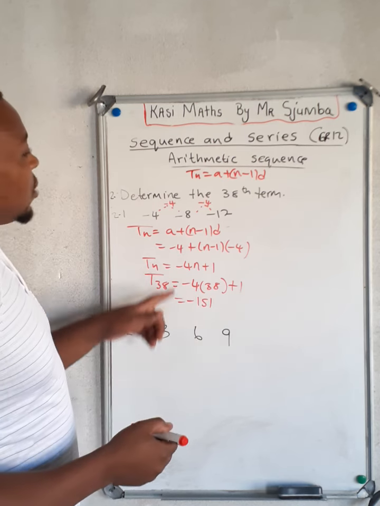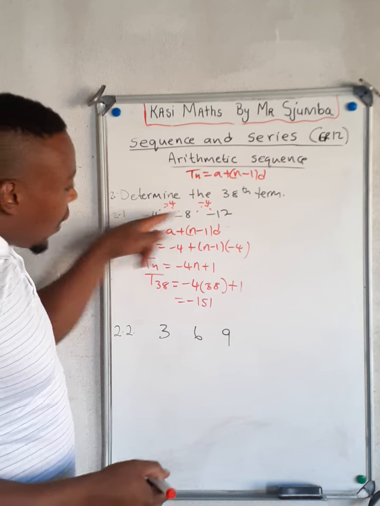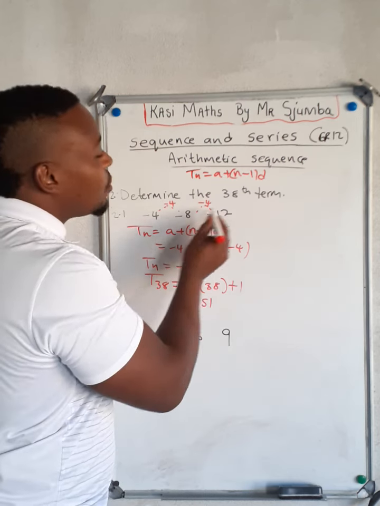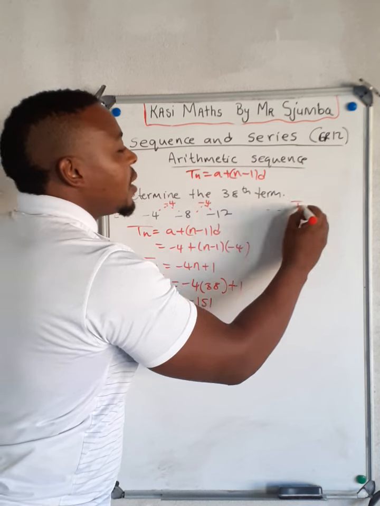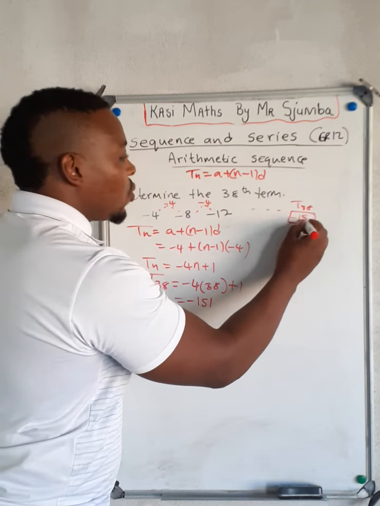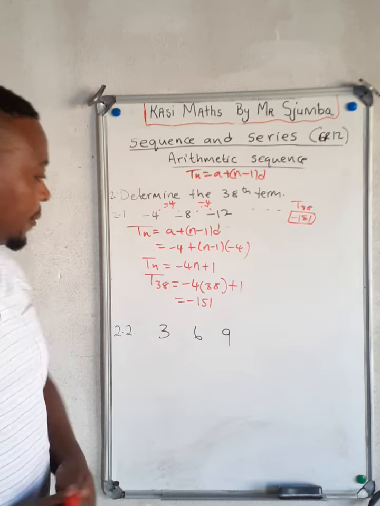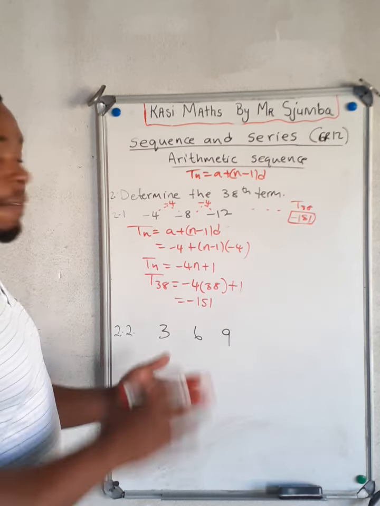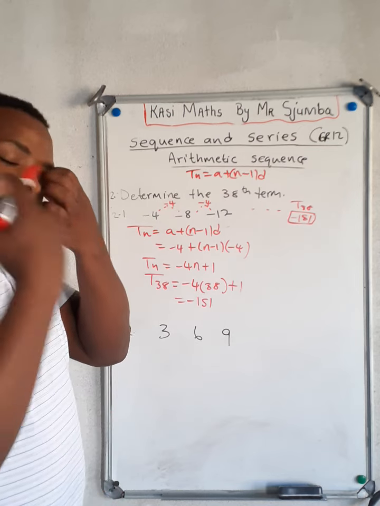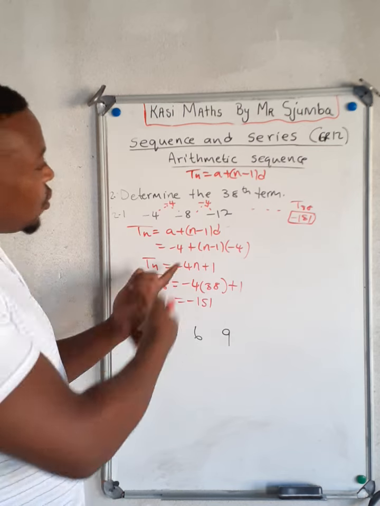So this is term 38 of the sequence, with a value of minus 151. Here we have term 1, term 2, term 3, and so on, and term 38 is minus 151. So first we check for a common difference, then we derive the nth term, and then we substitute 38.